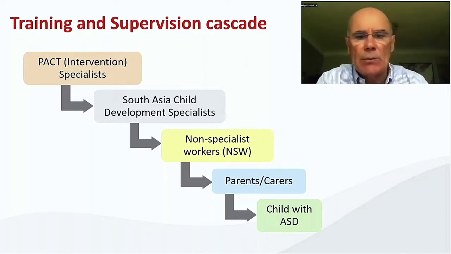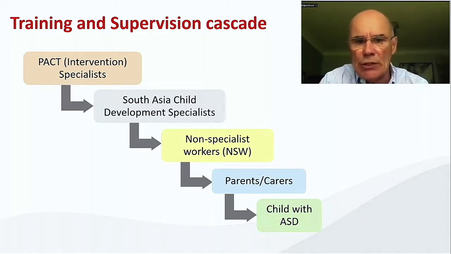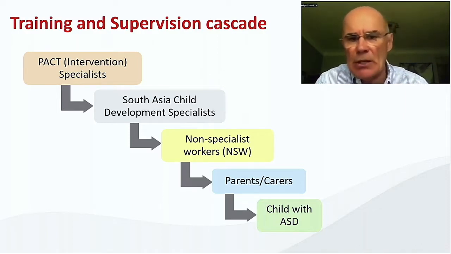The way we did this was we had what we call a training and supervision cascade, which allowed us to train up specialists in South Asia, who then were able to work and supervise and support non-specialist workers. And this is the key thing here, which is what we call task shifting, which is that there aren't specialists to deliver therapy in South Asia and other low-income countries.